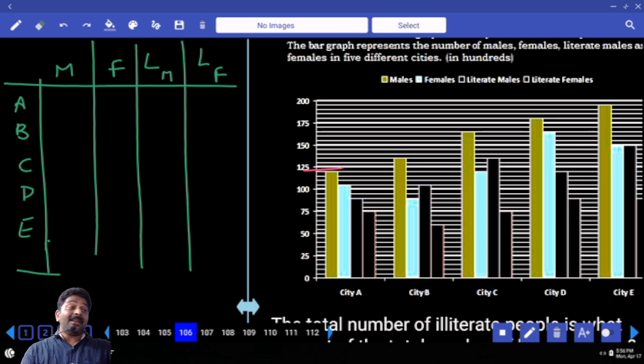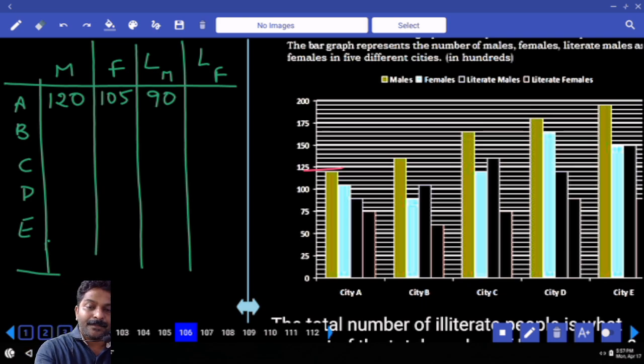So city A, male, one line below 125, that is 120. Next female, 105. Next male, 2 lines below 100, 90. Female, exactly 75. Are these percentages or direct numbers? Direct numbers, so you can fill it directly. Okay, now? Right. Next, continue.